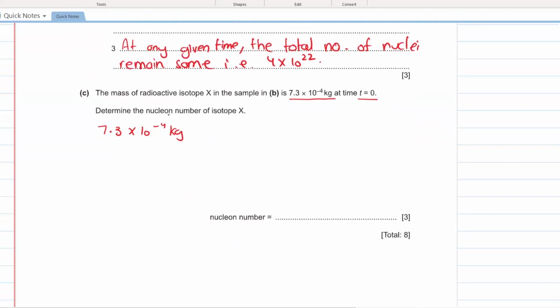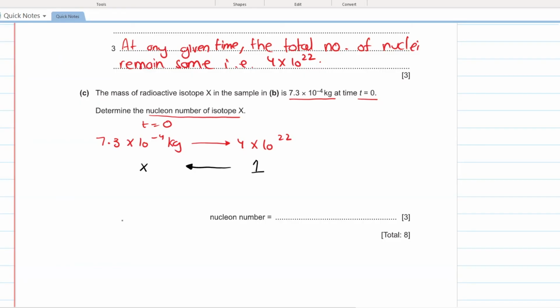You have to calculate the nucleon number of isotope X. So at time t equals 0, you have a mass of this and your number of nuclei is 4 into 10 raised to the power of 22. What will be the mass of one nucleus? Let's place an X here.